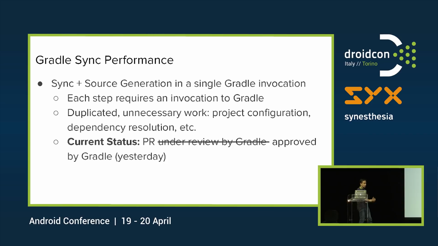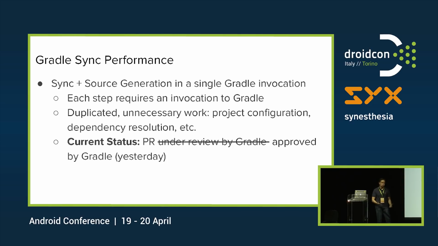This is the second strategy that we have to fix Gradle sync performance in the IDE. At the beginning, something very interesting happened. When people started using Android Studio, they were reporting that Gradle sync was very, very slow. And when we tried to measure the performance, we got numbers that were usually smaller. And we didn't understand where this delta was coming from.